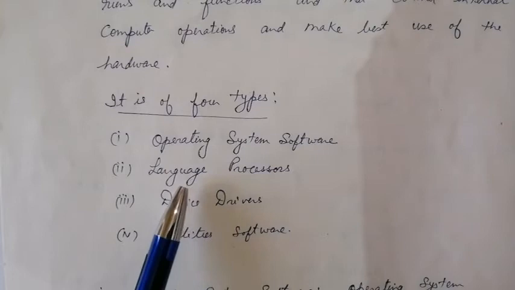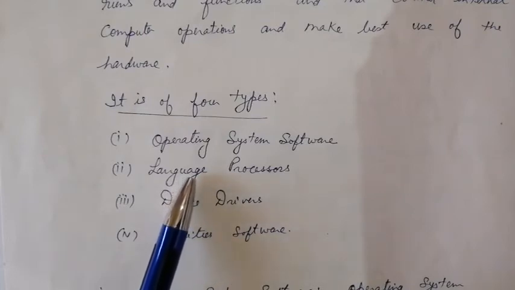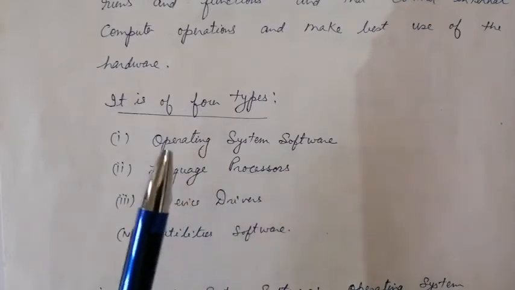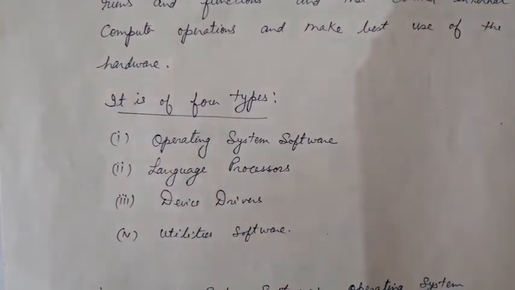These are known as programming languages, and to make those programming languages understood by the hardware of the system, we need some translator, interpreter, which conveys the meaning by converting the language into machine language for the system. That is what it is talking about. Second is language processor, which processes the language.